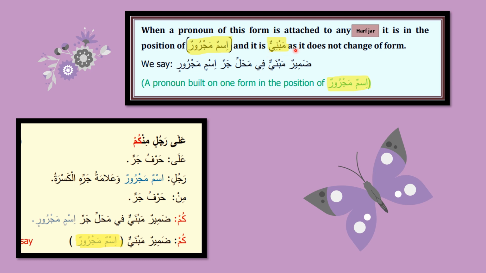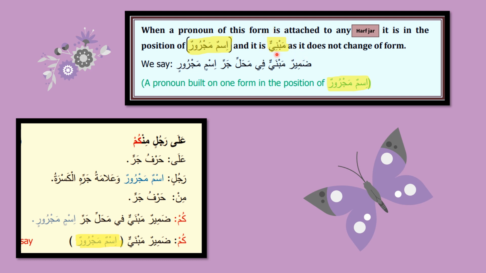Remember that it is mabni, and any changes that are coming, as you learned, the changing of the ya or the changing of the haraka from fatha to kasra or from kasra to fatha, these are all because of the sound reading rules, and because of the letters, long vowels. It's not because of grammatical reasons. And all these harf jars, they are all mabni. Remember, all mabni.